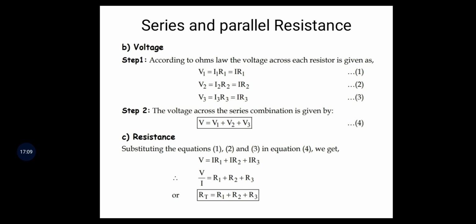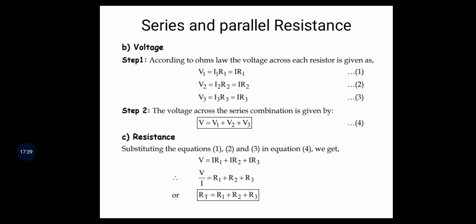According to Kirchhoff's voltage law, in any closed loop the algebraic sum of the voltages is equal to 0. That means the applying voltage is equal to the receiving voltages, so V equals V1 plus V2 plus V3.